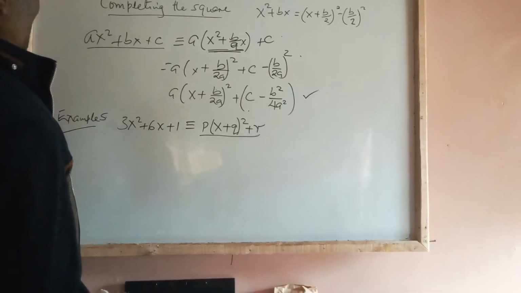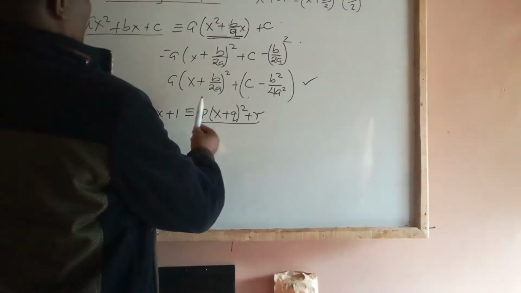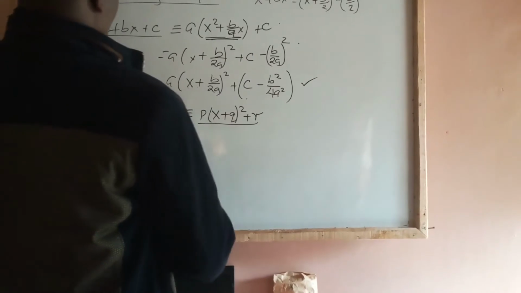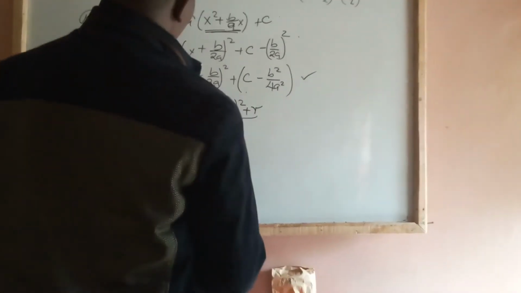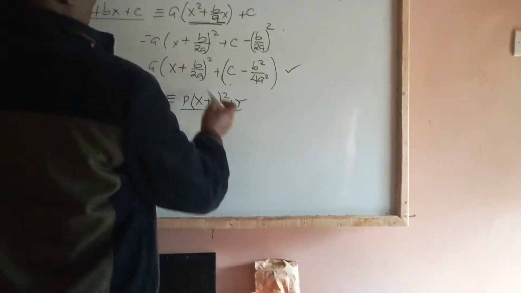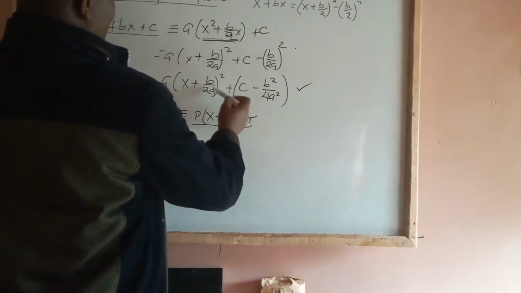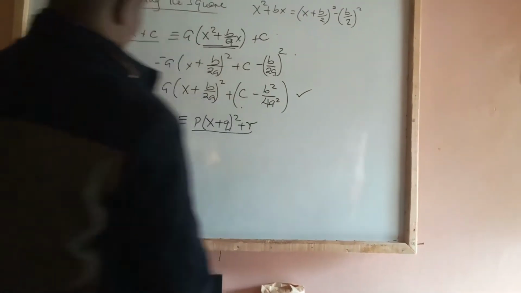That one is already in the form of p, open bracket, x plus q squared plus r, where p is a. You can already see our q is b over 2a, and our r is the whole of this.